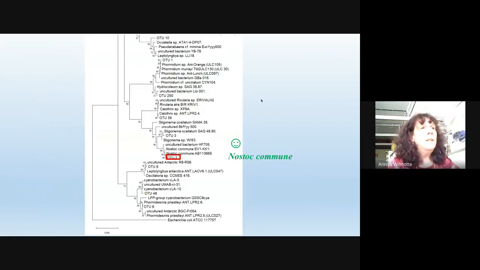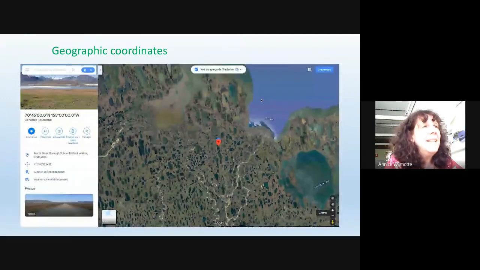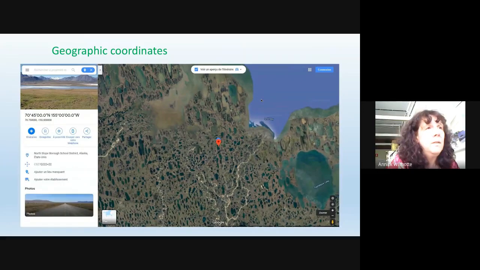Because we had the geographical coordinates, yes, we can go to the next slide. You can see the landscape of that collecting site, and there are a lot of little lakes.